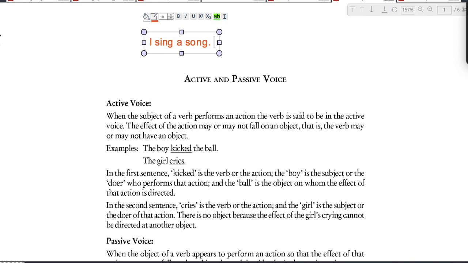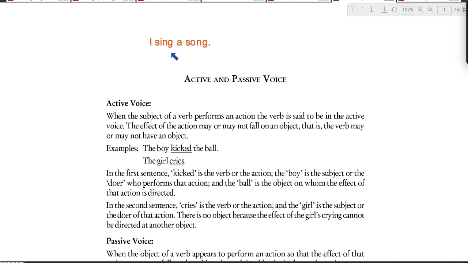Here I is the subject, and the verb is sing. The effect of the action may or may not fall on an object, that is, the verb may or may not have an object.